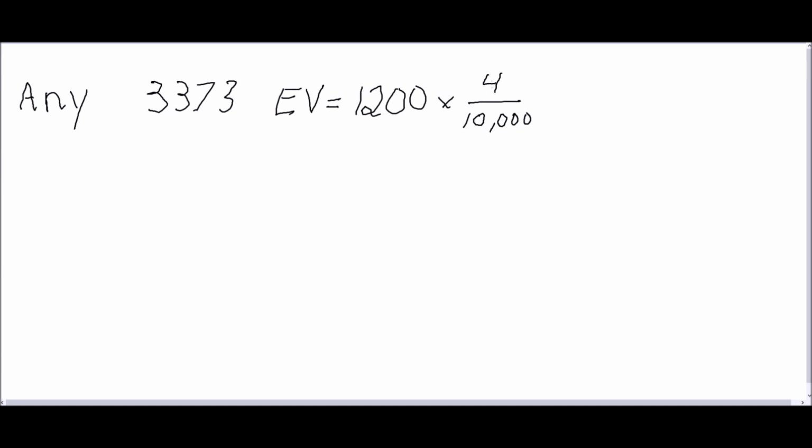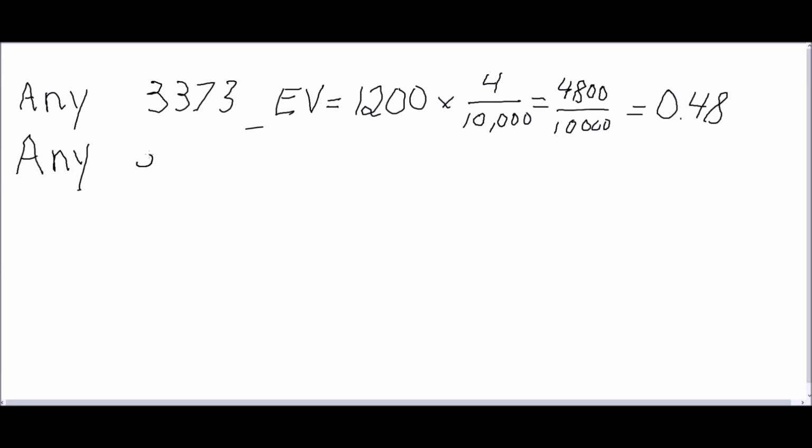The number of winning ball draws, and again, the order doesn't matter, is 4, because if the state draws 3 3s and 1 7, that 7 can be in any one of the 4 positions. So the expected value is 4 times 1,200, which is 4,800, divided by 10,000, or 0.48. So the player can expect to get back 48% of whatever he bet, and the state keeps the other 52%.